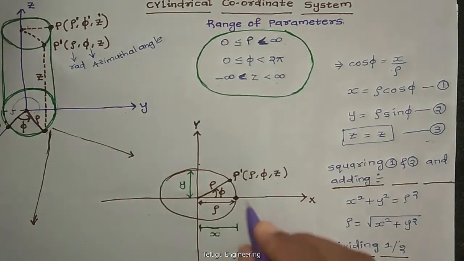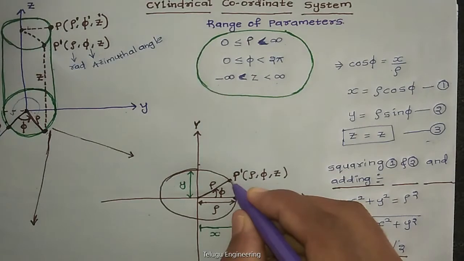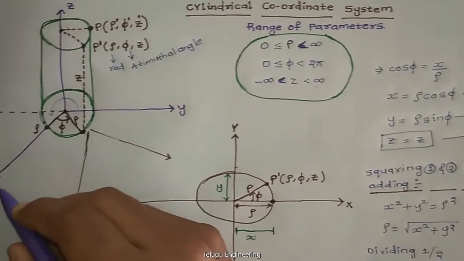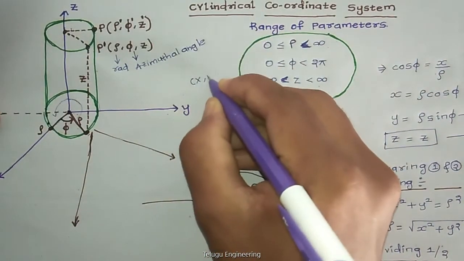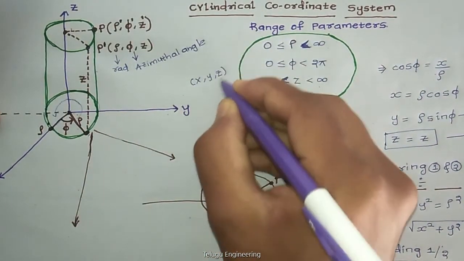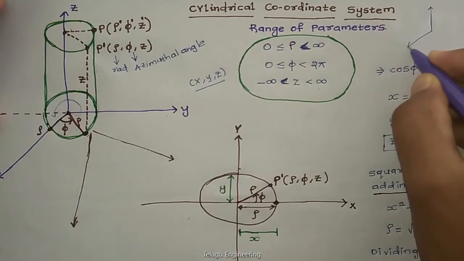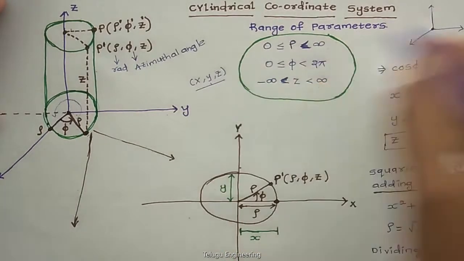Let us assume this is our x plane. So in general, if we represent a point x, y, z in any Cartesian coordinate system, how will it look? A point x, y, z is like that.